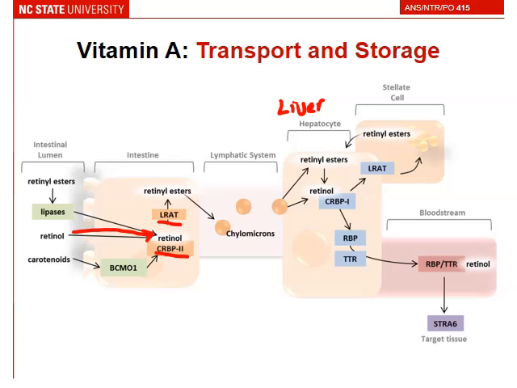And if we need to bring our vitamin A or retinol to the rest of our tissue, we're going to bind it to retinol binding protein. So we have a cellular retinol binding protein, and then we have an extracellular retinol binding protein, which is just referred to as RBP. And so it binds RBP, and it can then be transported throughout the blood.